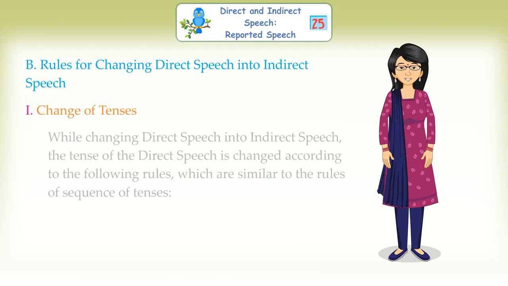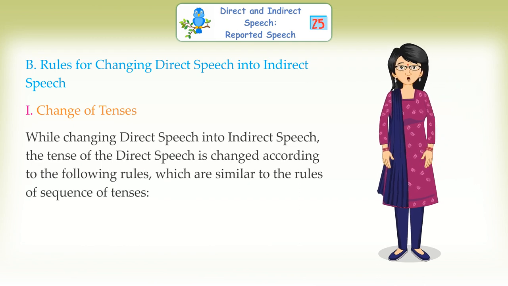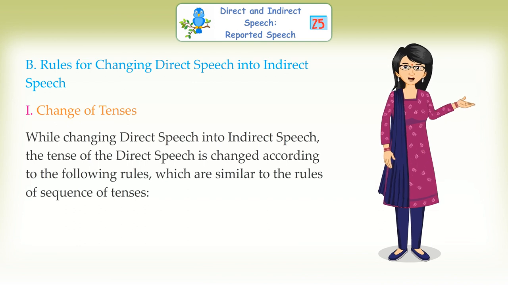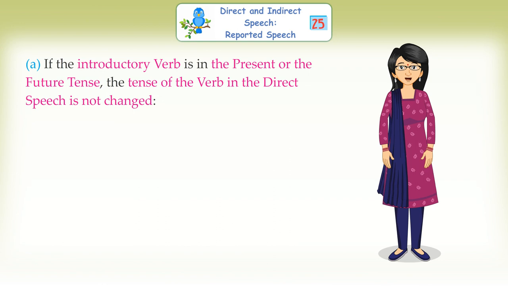Change of tenses. While changing direct speech into indirect speech, the tense of the direct speech is changed according to the following rules, which are similar to the rules of sequence of tenses. If the introductory verb is in the present or the future tense, the tense of the verb in the direct speech is not changed.